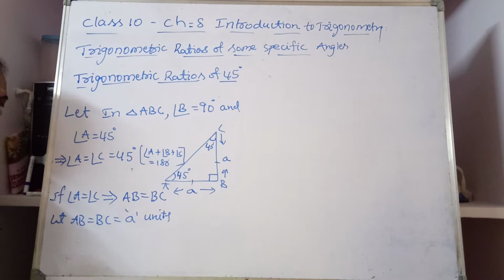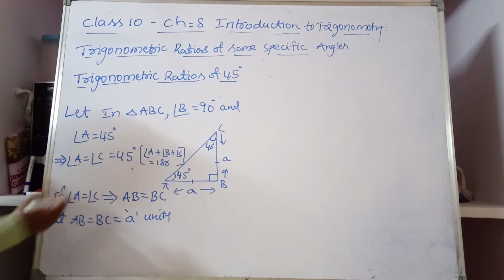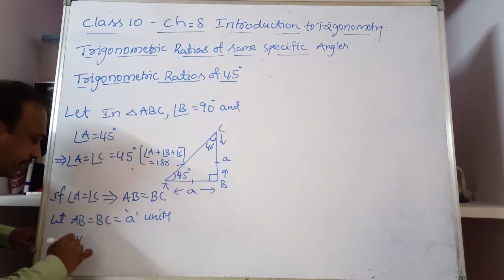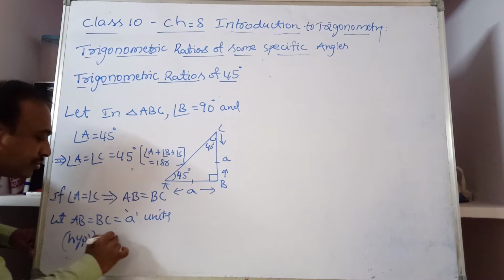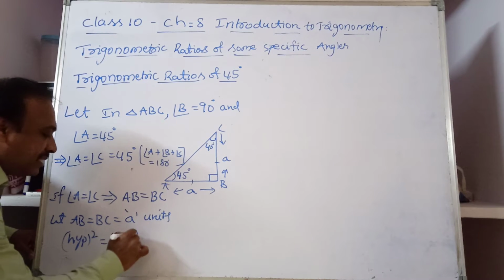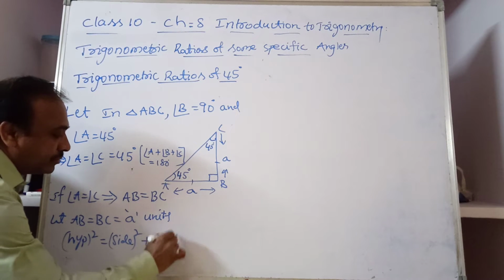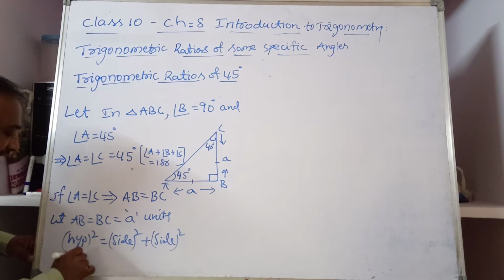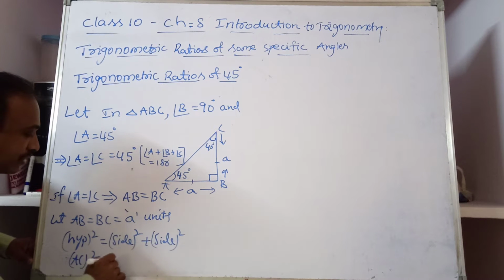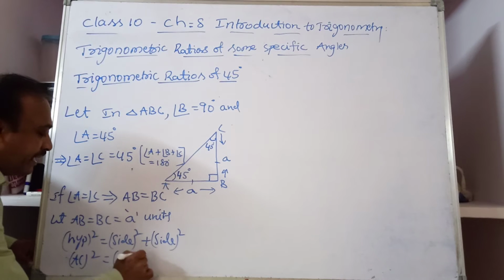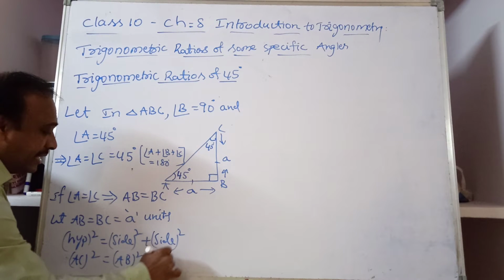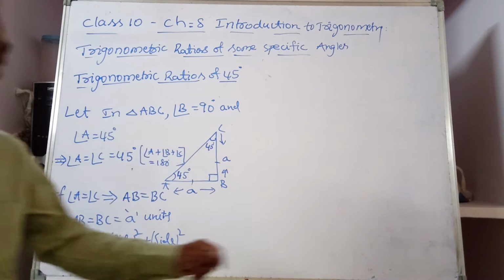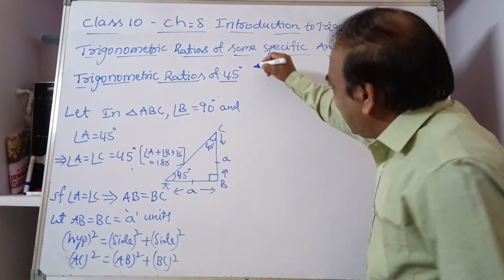Now, according to the Pythagoras property, hypotenuse square is equal to side square plus side square. What is the hypotenuse in this triangle? That is AC. So AC square is equal to AB square plus BC square.